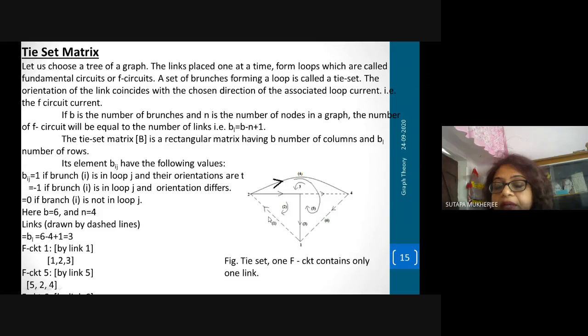So it will be +1. এই জায়গাটা বুঝতে পেরেছিস? The direction of the link current and your assumed loop current, তুমি এদিকেও assume করতে পারতে, but I have assumed here in this direction. Here, because these are same, it will be +1. এই দেখো, this is +1.